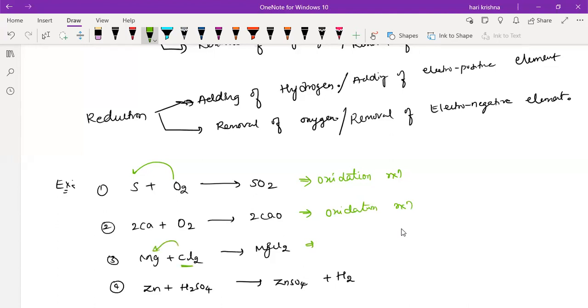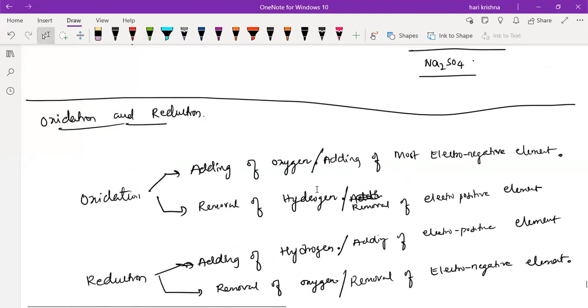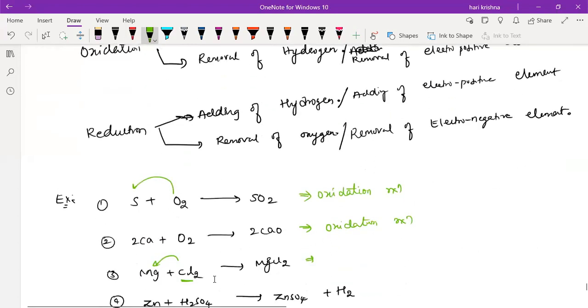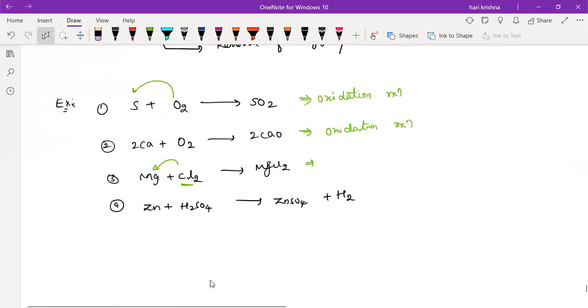Oxidation means adding of oxygen or adding of the most electronegative element. So the third example is also oxidation.